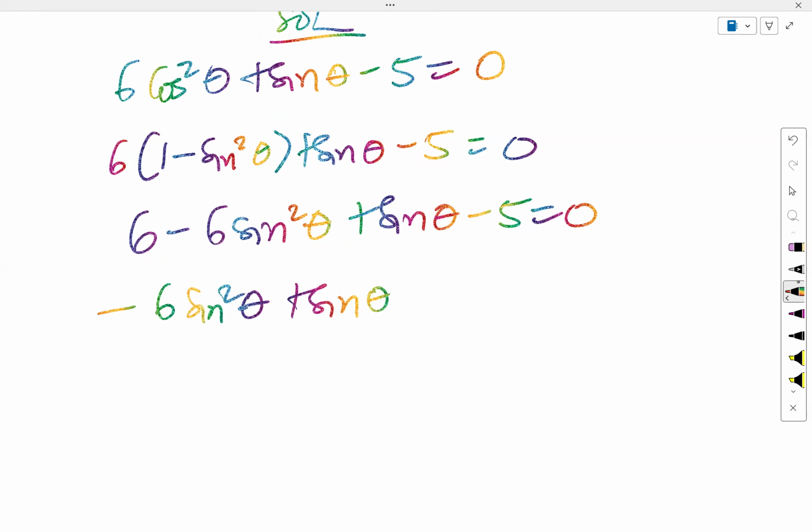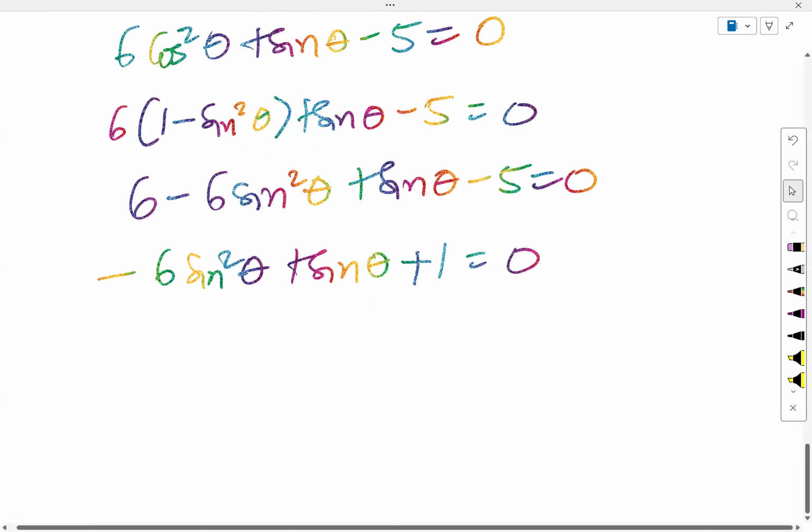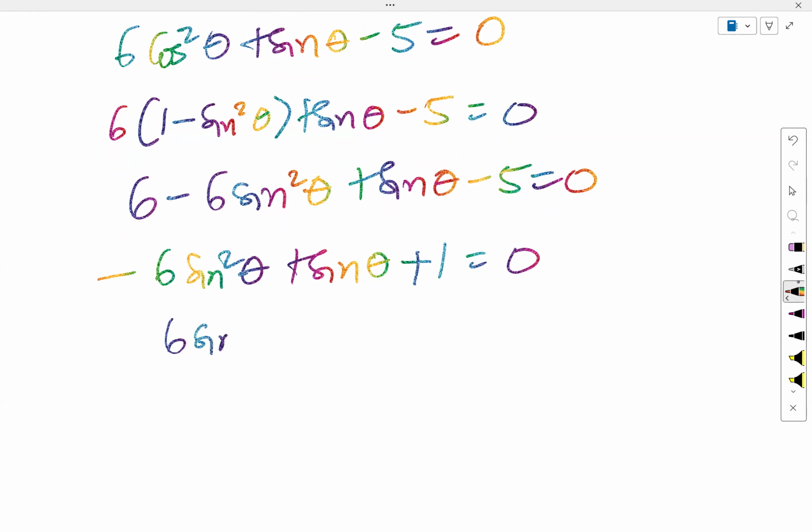Then 6 minus 5 is plus 1, and that is equal to 0. Okay? Then we can multiply through by minus 1, and then we have 6 sine squared theta minus sine theta minus 1 equals 0. So now this looks okay.